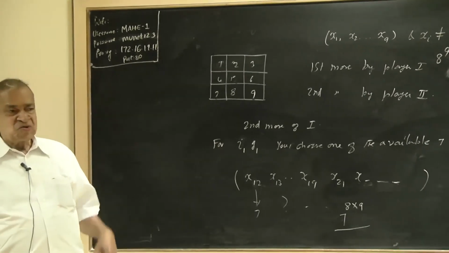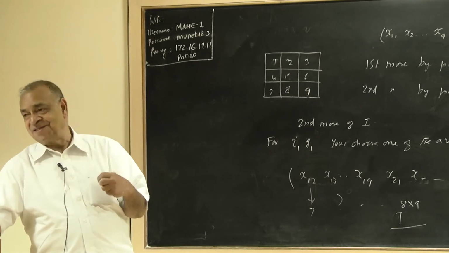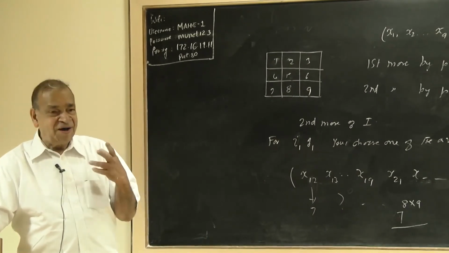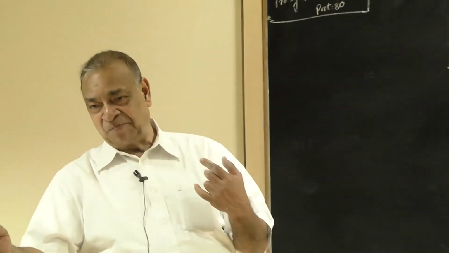So the problem of writing a strategy for a simple trivial game which elementary school children play is mind-boggling when you want to write it down. So that much difficulty is there in writing what is a plan, a master plan.